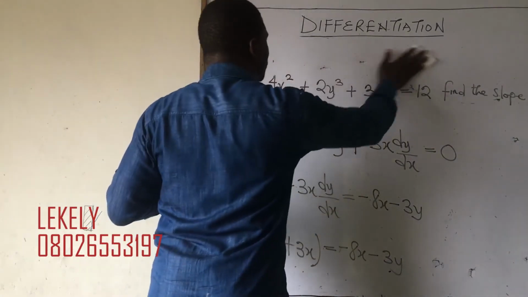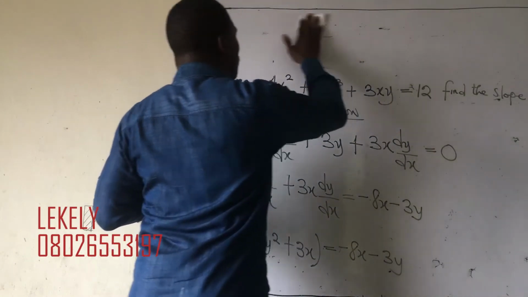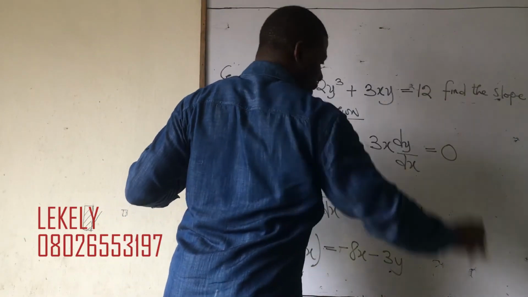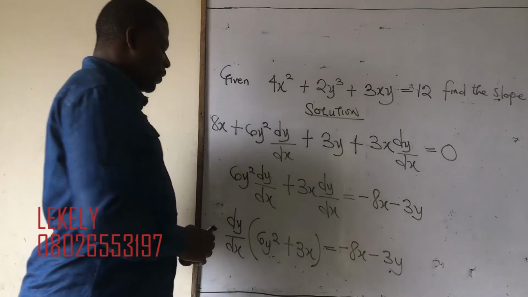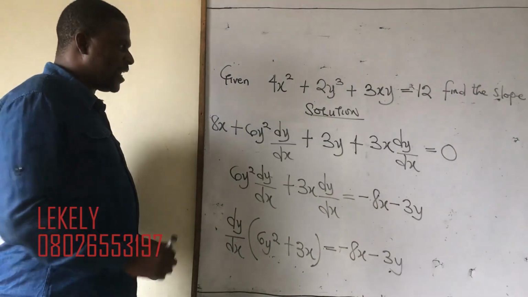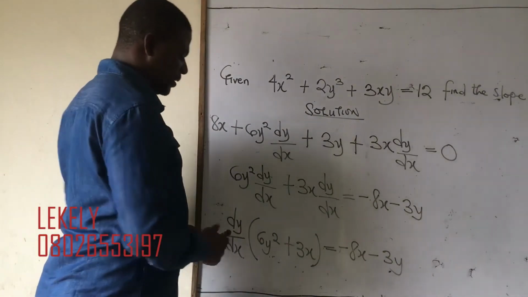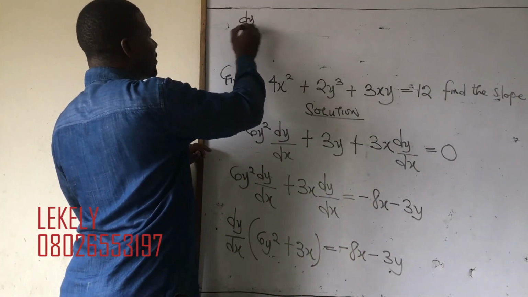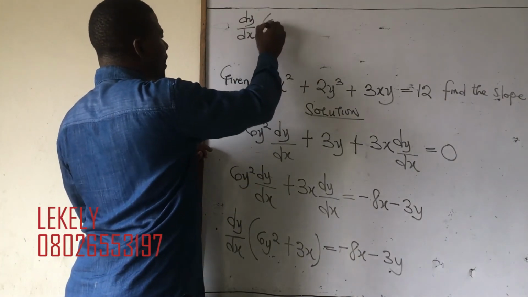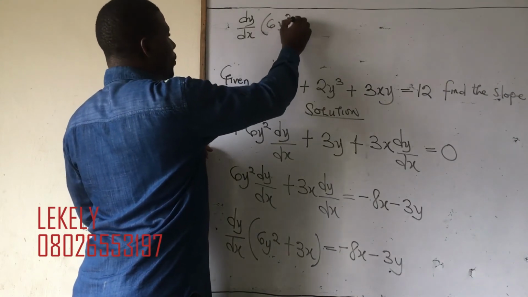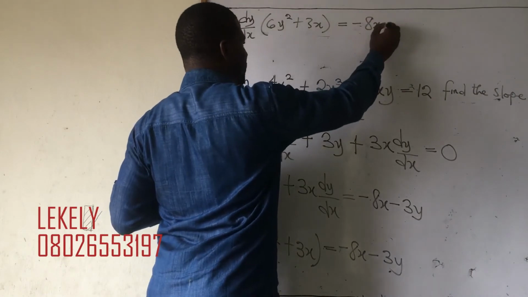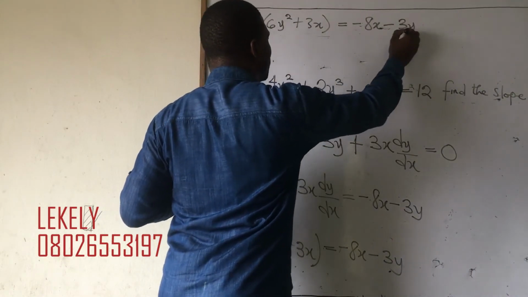So now, I expected you to have written this. Permit me to clean this. So I am now going to say that for us to be able to get my dy dx, I will now divide both sides by 6y squared plus 3x. So I'll say dy dx into bracket 6y squared plus 3x equals minus 8x minus 3y.